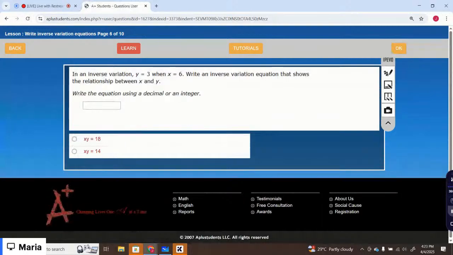In an inverse variation, y equals 3 and x equals 6.